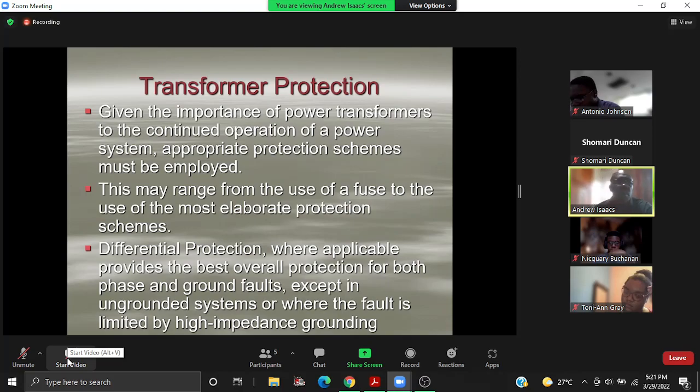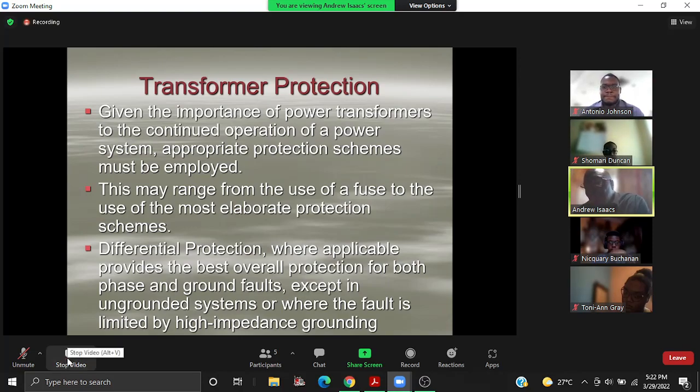Now, if the fault is external to the transformer, that fault current, when it passes through, would not necessarily trigger the differential system, because it is seeing the same current coming in as going out.